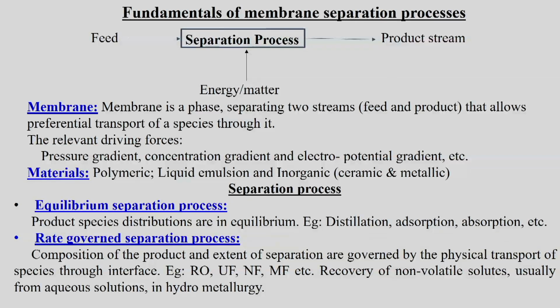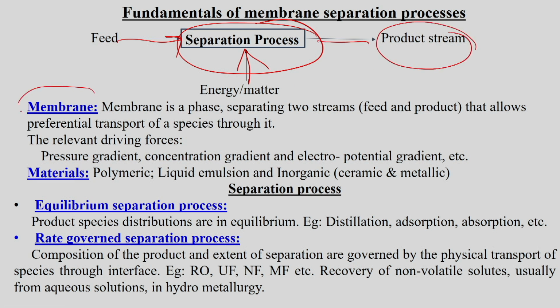And now we will be discussing membrane separation technology. There we have already discussed the fundamentals of the membrane separation processes. If this is the process, then feed is entering and we are applying energy or matter, then products are formed like this. So, we described the membrane as a phase separating two streams, feed and product, that allows the preferential transport of a species through this barrier.